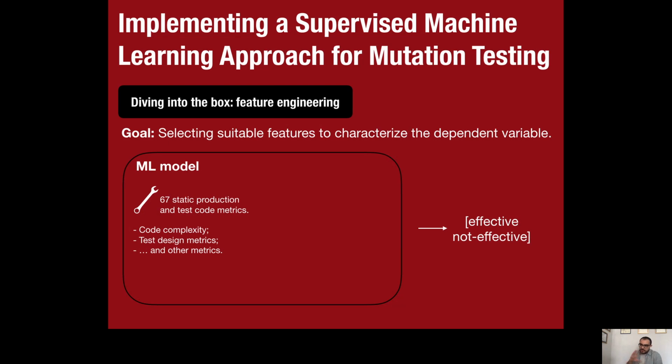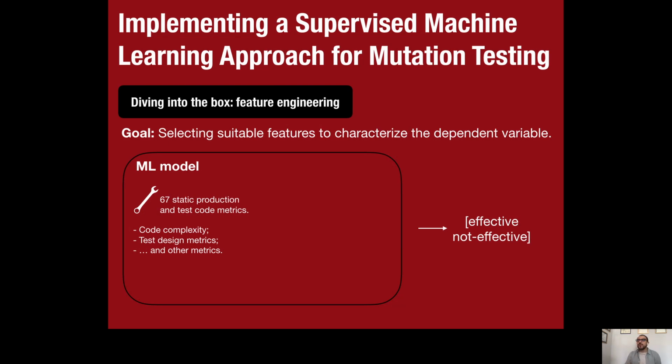In our case, as also briefly mentioned before, the goal was to create a machine learning model able to statically decide on the effectiveness of tests, especially because we wanted to address the scalability issue of mutation testing. So that's why we focused on statically computable production and test code metrics.